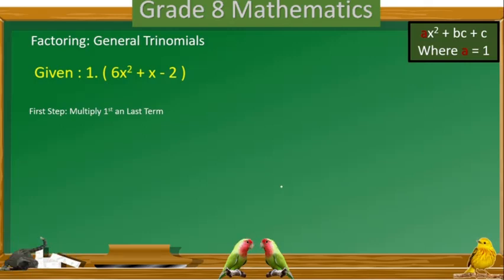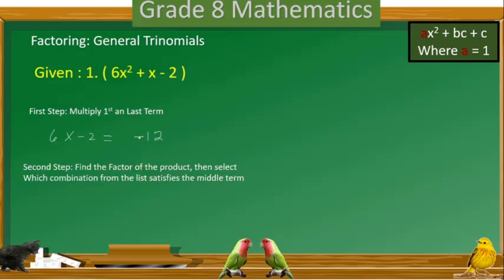The first move is we're going to multiply the first and the last term. That is 6 times negative 2 equals negative 12.